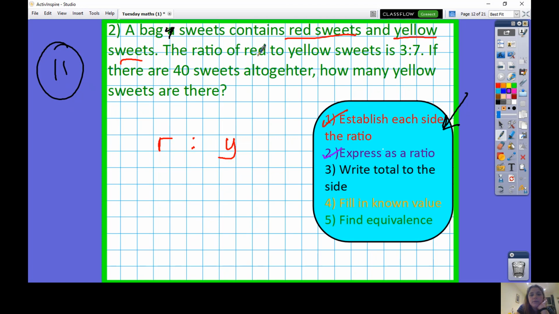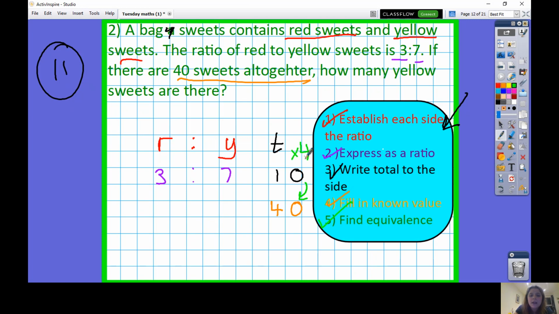Step 2, write that ratio. For every red to yellow sweets, the ratio is 3 to 7, so I'll put that there, 3 to 7. Now find the total. T to the side, 3 add 7 is 10. Step 4, fill in the known value. 40 sweets altogether. Okay, that goes down here, 40 altogether. Find the equivalences. What have I times 10 by to make 40?